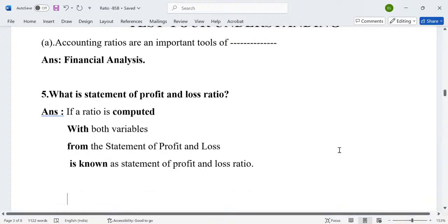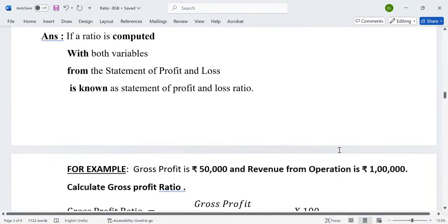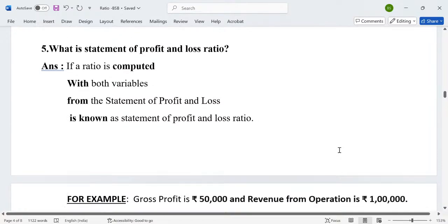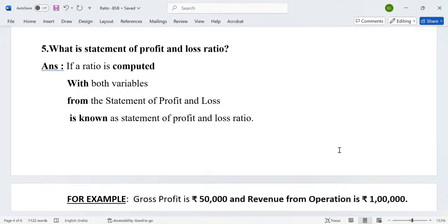Next, what is statement of profit and loss ratio? In order to calculate a ratio, we want one numerator and another one denominator. It means two variables are required.